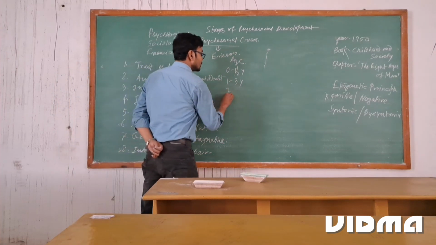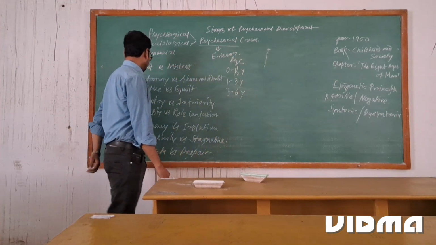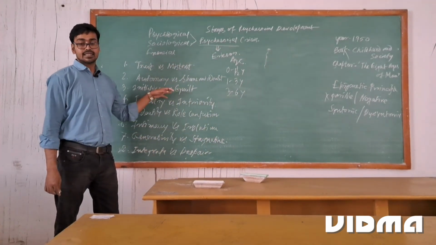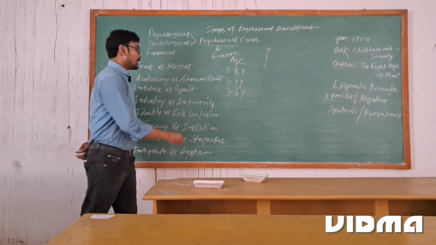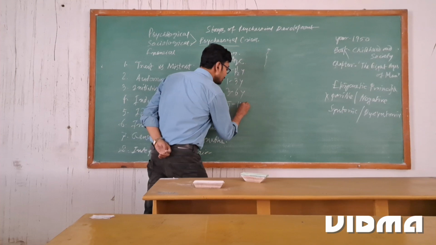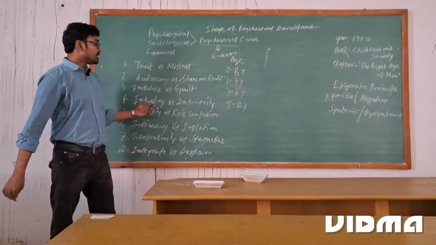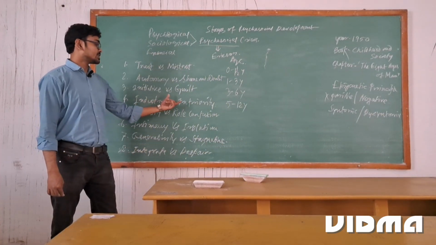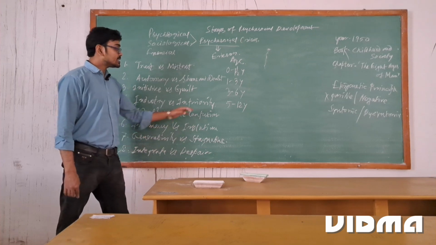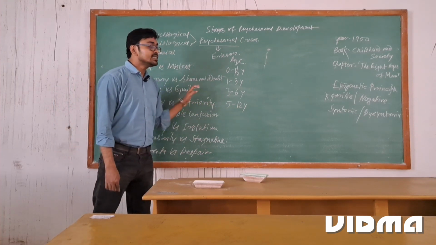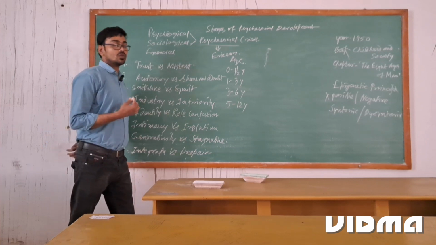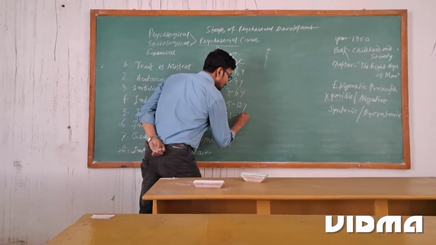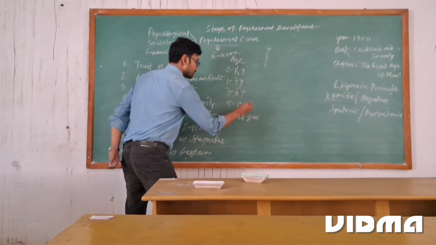At the age of 3 to 6 years, initiative versus guilt appears. Next, at 5 to 12 years, industry versus inferiority occurs, and identity versus role confusion occurs at the age of 11 to 18 years.